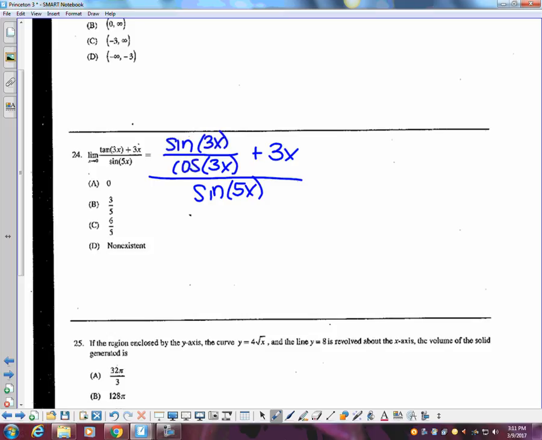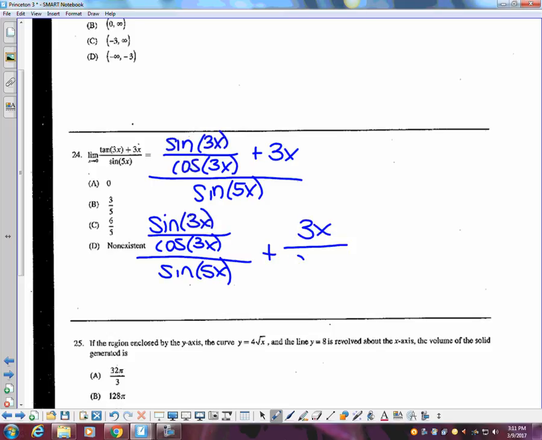Can I pull this thing apart? See how the whole thing's over sine of 5x? Can I make them two separate islands? Okay, so here's what I'm going to do. I'm going to have sine of 3x over cosine of 3x over sine of 5x, island, plus 3x over sine of 5x.